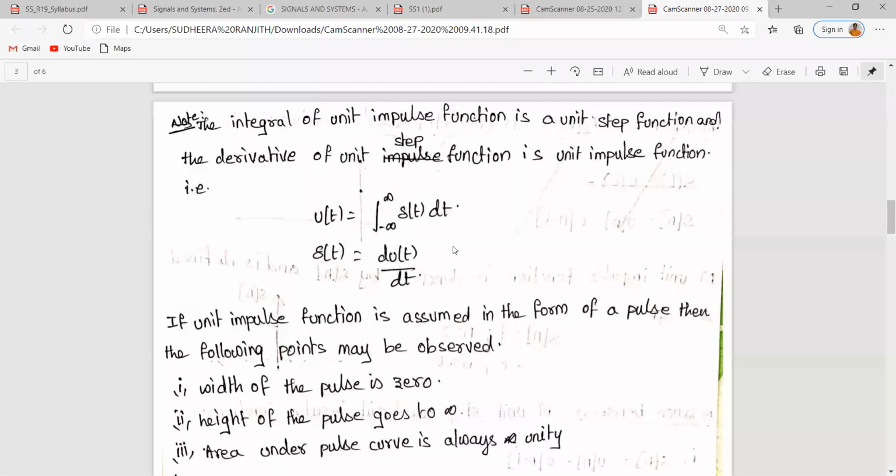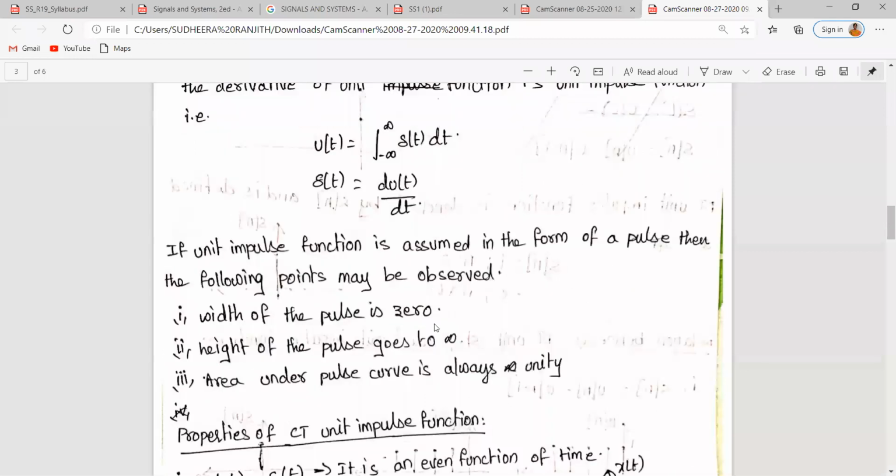Is it clear? So there are some points to be noted for the unit impulse function. In the unit impulse function, the width of the pulse is 0. Practically the width of the pulse is not 0, it is a small value, but ideally the width of the pulse should be 0.